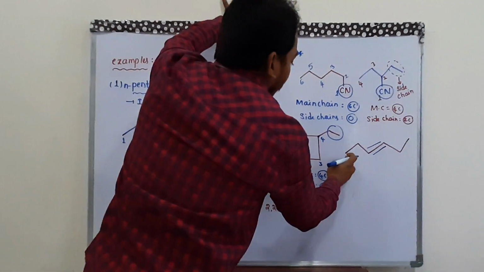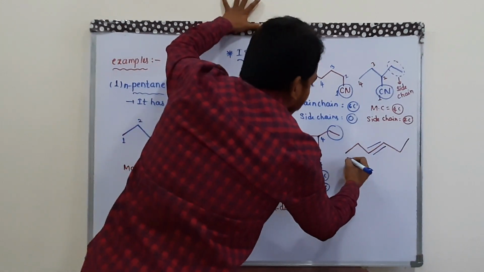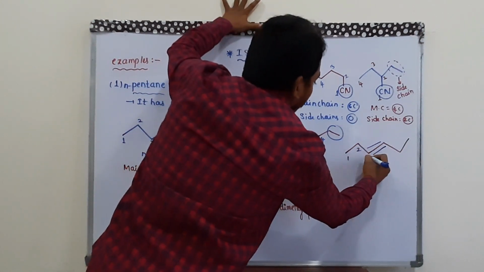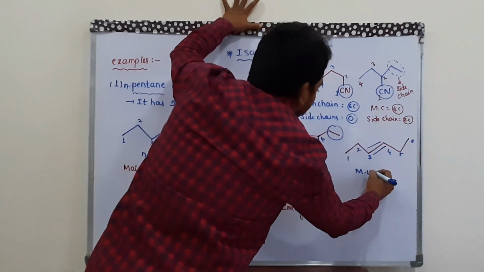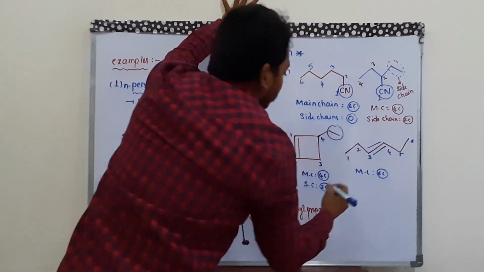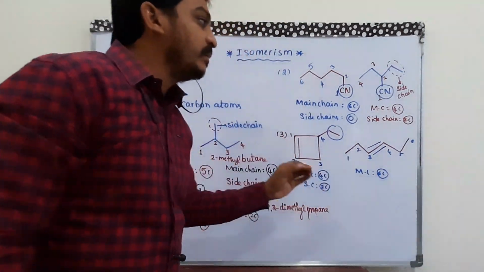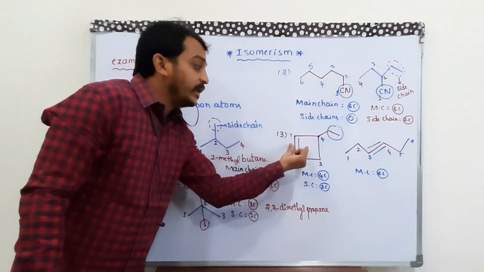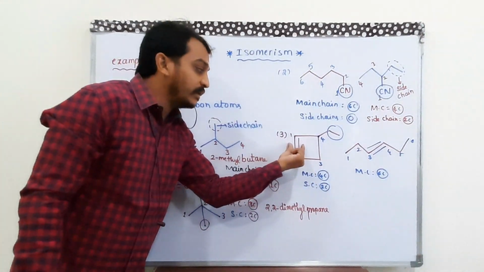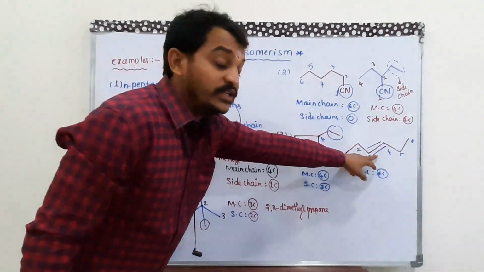In this case, it has 6 carbon atoms with no side chains: 1, 2, 3, 4, 5, 6. So the main chain contains 6 carbon atoms. The chain differs; here there is no side chain, but in this case it has one ring structure, and the ring contains one double bond. In this case a triple bond is present.